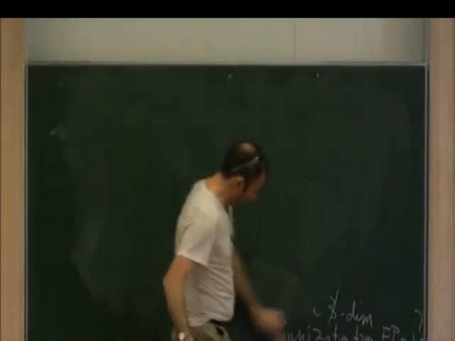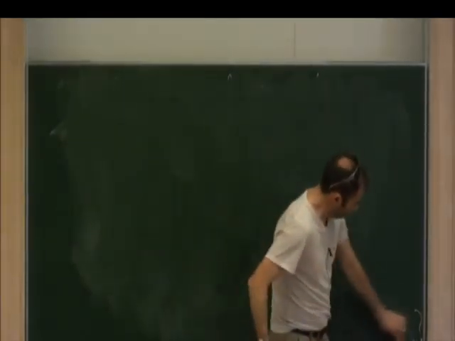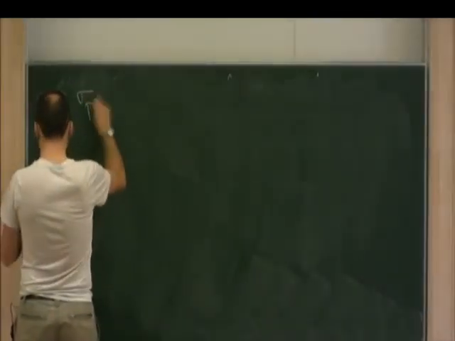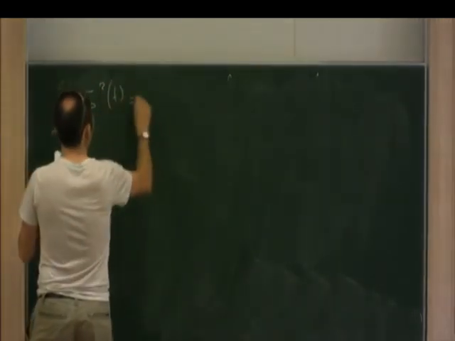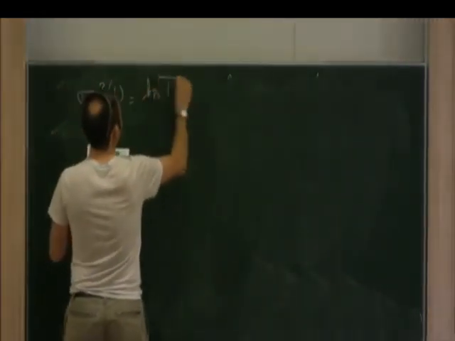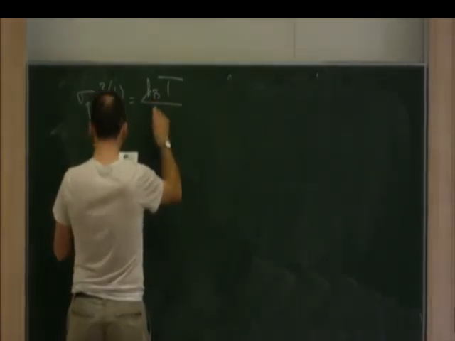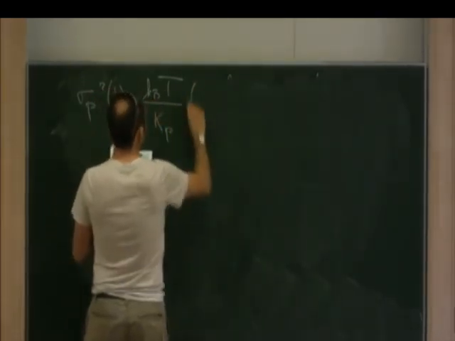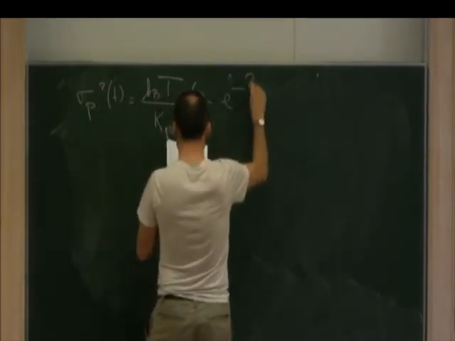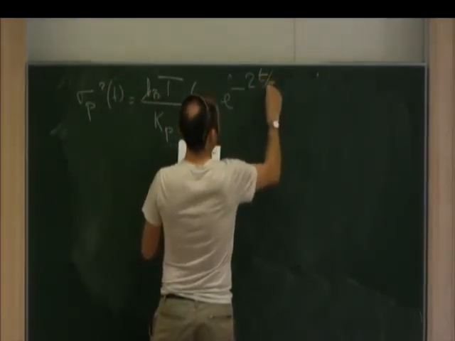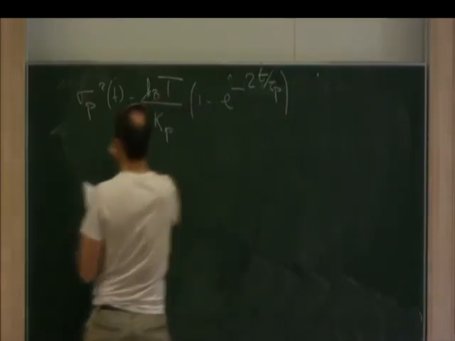Let's assume everything is isotropic. So sigma p of t, the mean square displacement for this Ornstein-Uhlenbeck process, is k_B T divided by kappa p, times 1 minus exponential of minus 2t over tau p. So this is a mean square displacement.